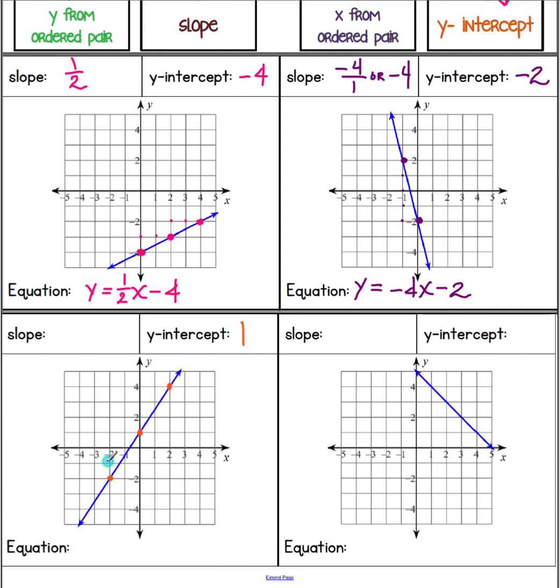Starting with a point on the left, we would go up 1, 2, 3 and over 2, up 1, 2, 3 and over 2. So our slope would be +3/2. When we write our equation, this would be y equals 3/2 x, and our y-intercept is +1. So y equals 3/2 x plus 1.